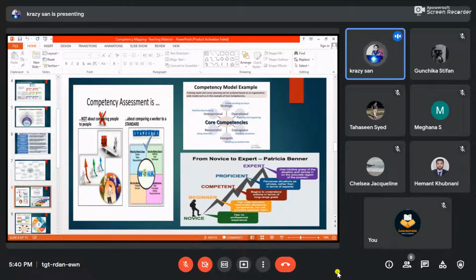Whenever new hires, old hires, or a person seeking promotion are assessed, the assessment is not done between A and B. It is done on whether person A has reached the work standard set by the company or organization. So always compare a worker to a standard set in an organization.